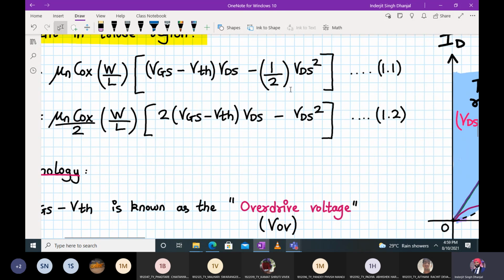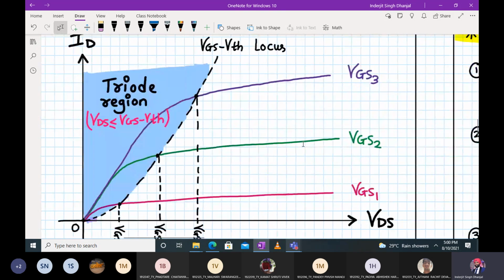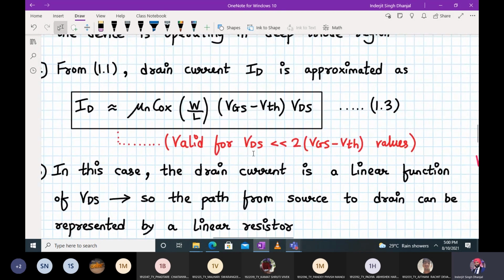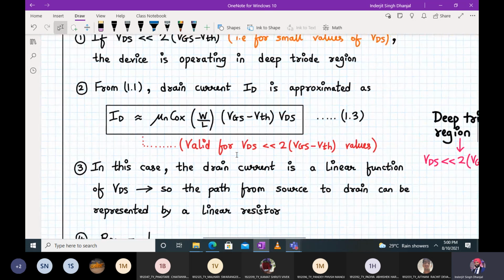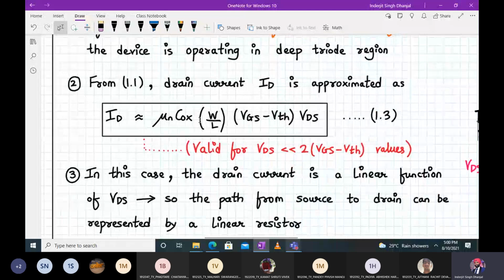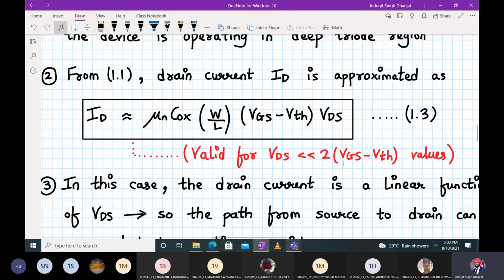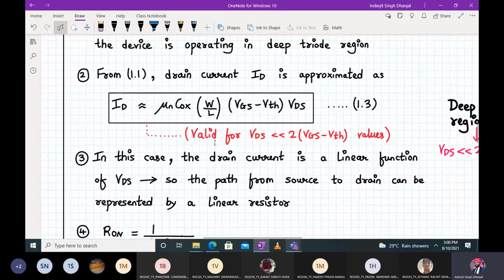Since VDS is very small, this VDS square term will be gone, and you are left with this term. So ID will be approximately mu n Cox W by L into VGS minus VTH into VDS. The minus VDS square by 2 term is gone completely. This is the equation for the drain current when the MOSFET is operating in the deep triode region. If you're jotting it down, note down this formula. This current formula is valid for the deep triode region.